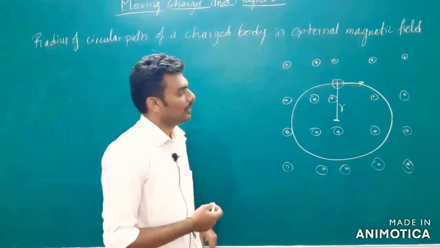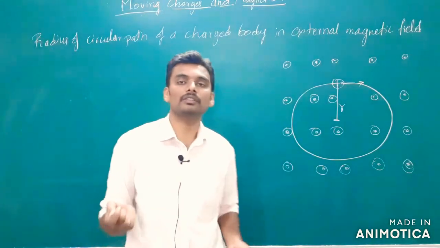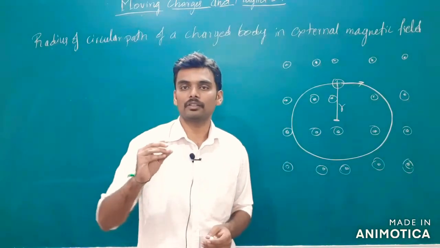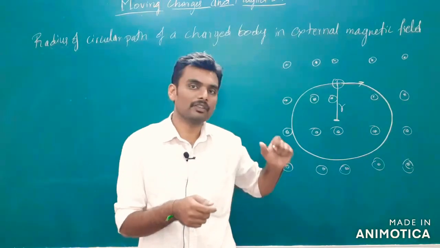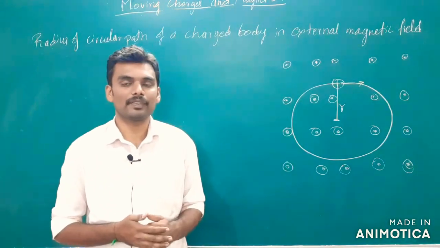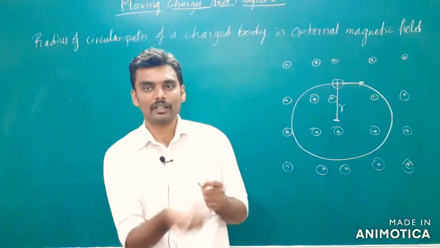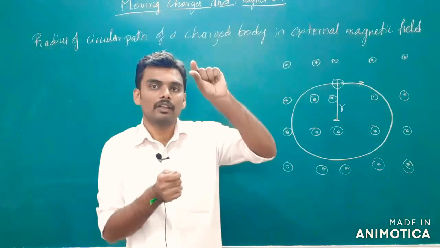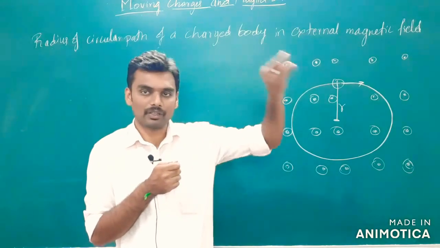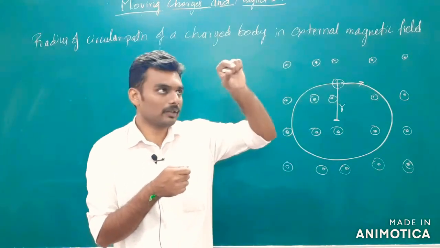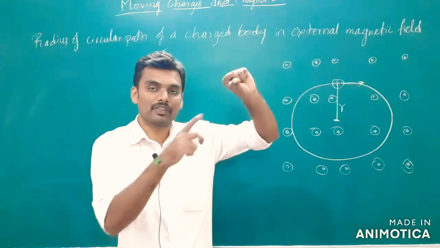Now see, if you compare this situation with the motion of an object tied to a thread and rotated, it is somewhat the same situation. When an object is tied to a thread and is rotated, assuming that it is uniform, the body will have constant speed, sorry, not velocity, because the direction would change.